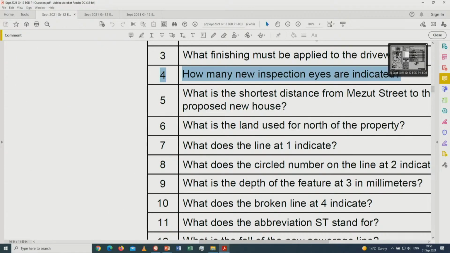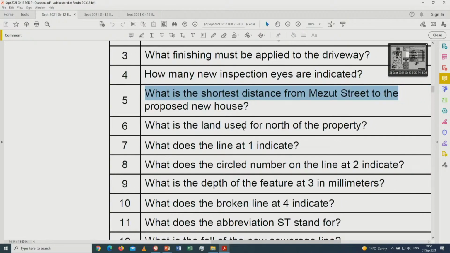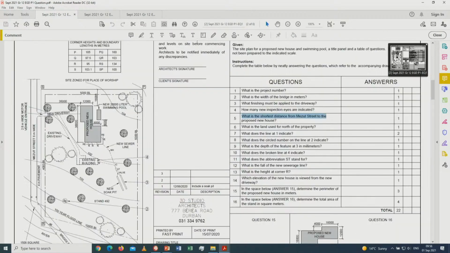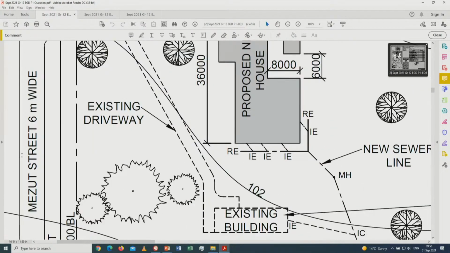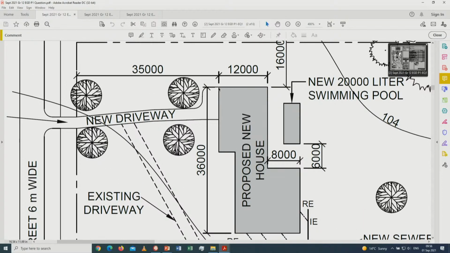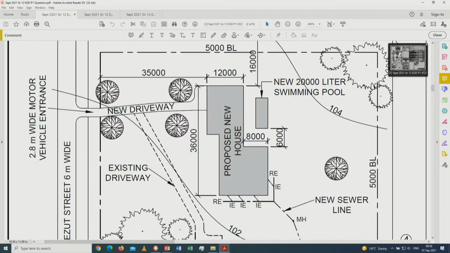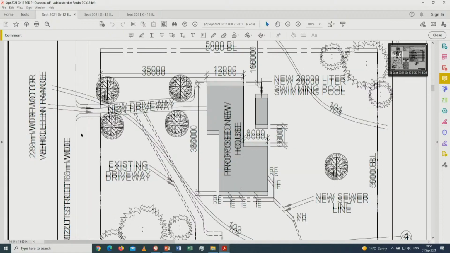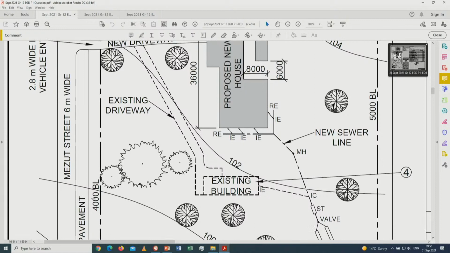Right. Then the shortest distance from Mesut Street to the proposed new house, that you can measure, that is Mesut Street over here. So if the learner goes from this position, that's the closest distance to the street itself, you see 35 meters, all right, 35,000 millimeters, but still is not at the street itself. All right, so then the build line needs to be added.